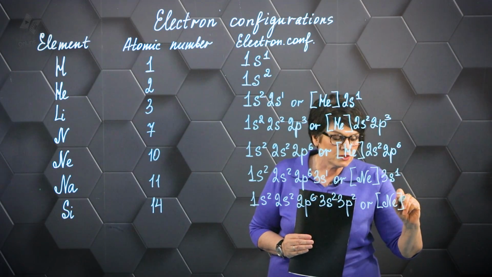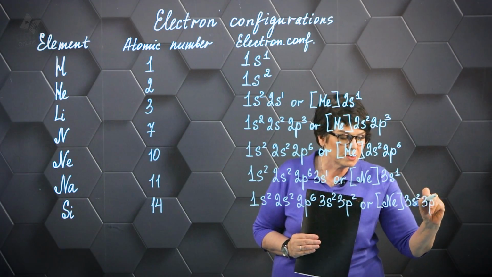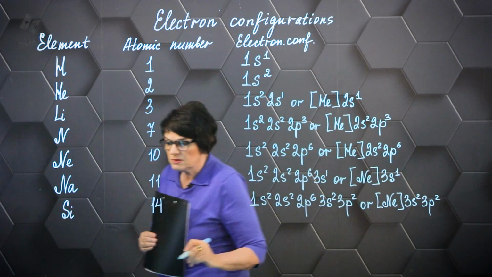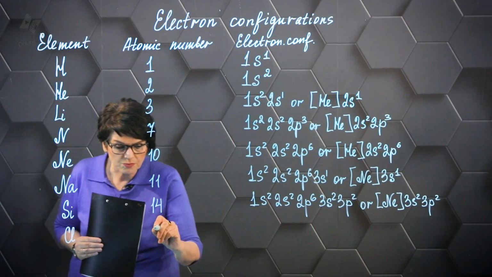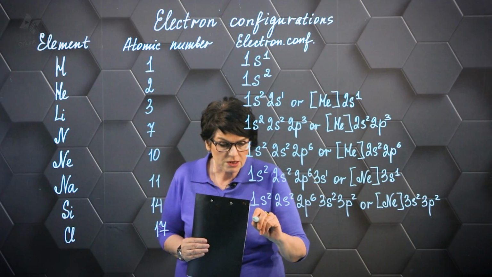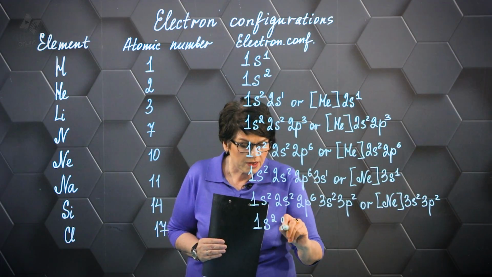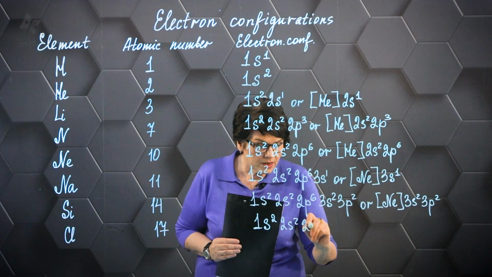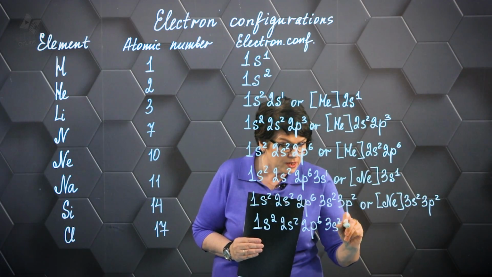Then let's do the element chlorine, which has the ordinal number 17. Its configuration will then be 1s2, 2s2, 2p6, 3s2, 3p5, or in a short entry: everything ahead is like neon, 3s2, 3p5.